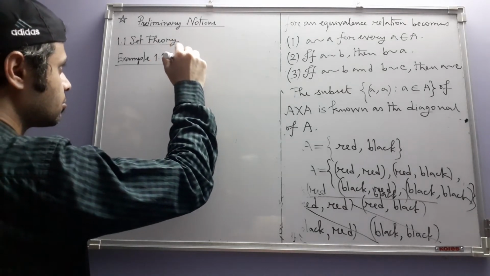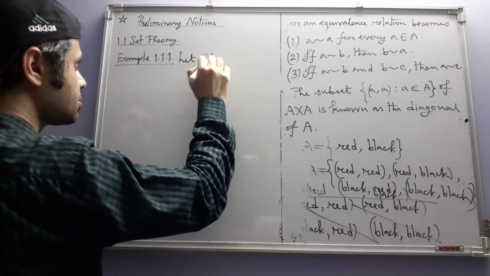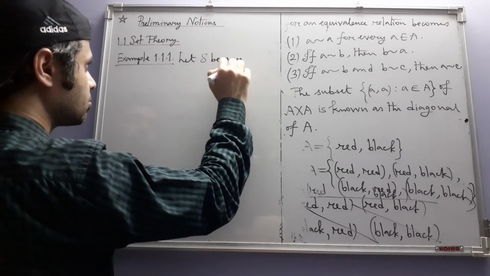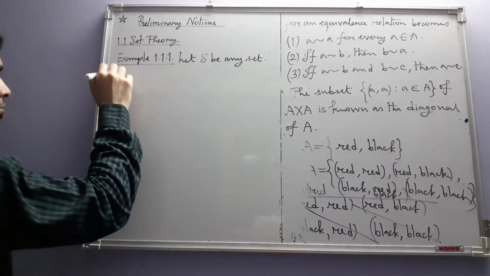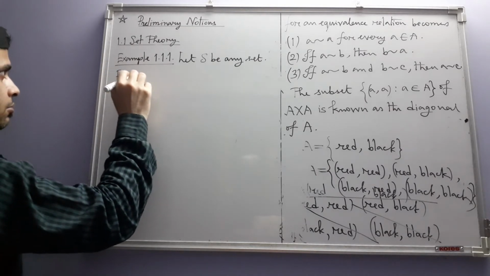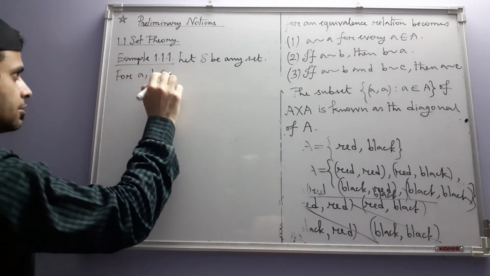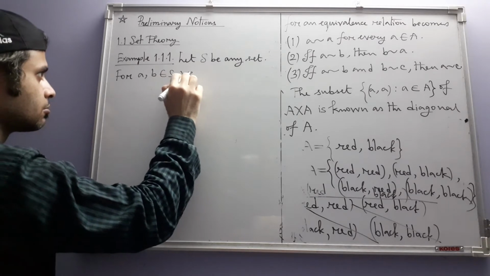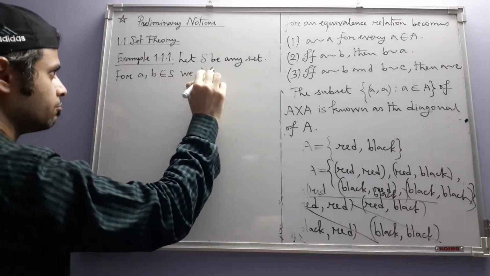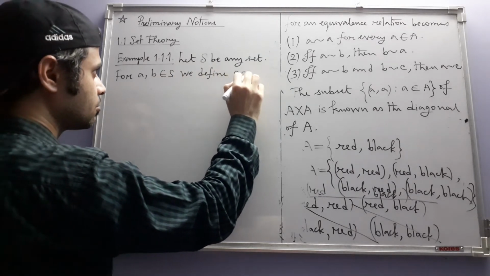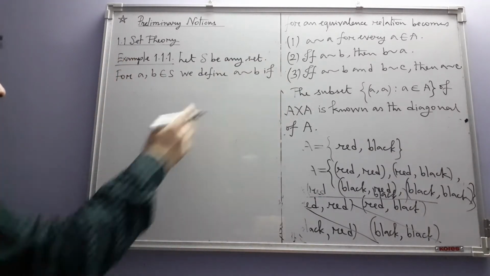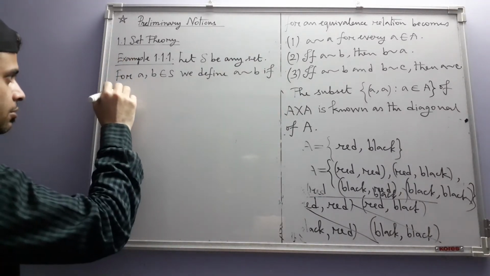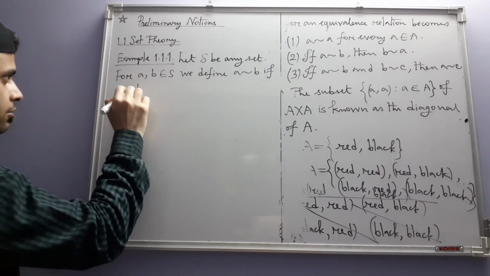Let S be any set. For any elements in S, we define this, that is, we are defining A to be related to B if A is equal to B.